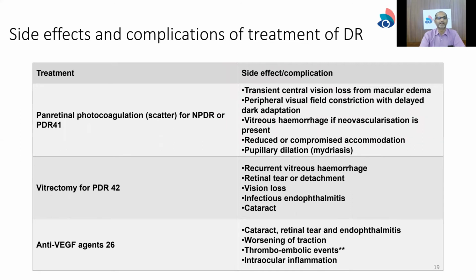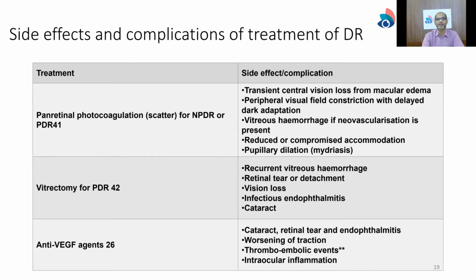All these treatments have some side effects. Pan-retinal photocoagulation for NPDR or PDR can cause transient central vision loss, peripheral visual field constriction, vitreous hemorrhage, reduced or compressed accommodation, and pupillary dilatation. For vitrectomy, there could be recurrent vitreous hemorrhage, retinal tear or detachment, vision loss, infectious endophthalmitis, and cataract.